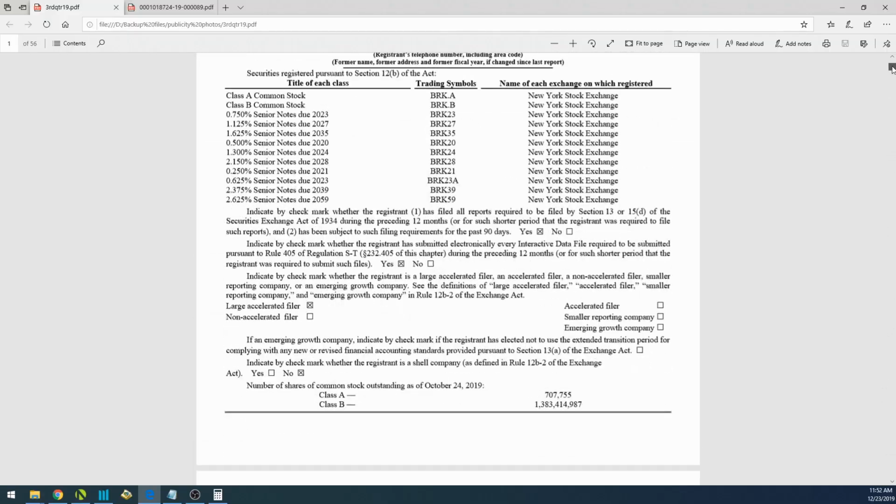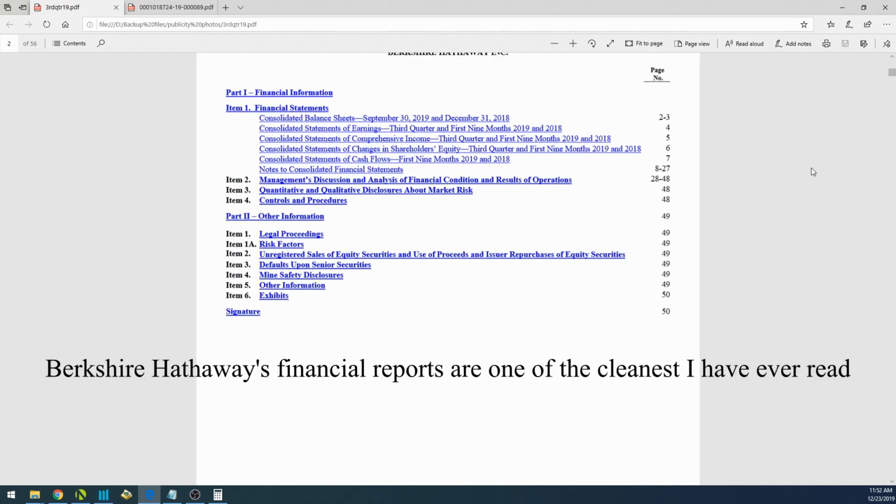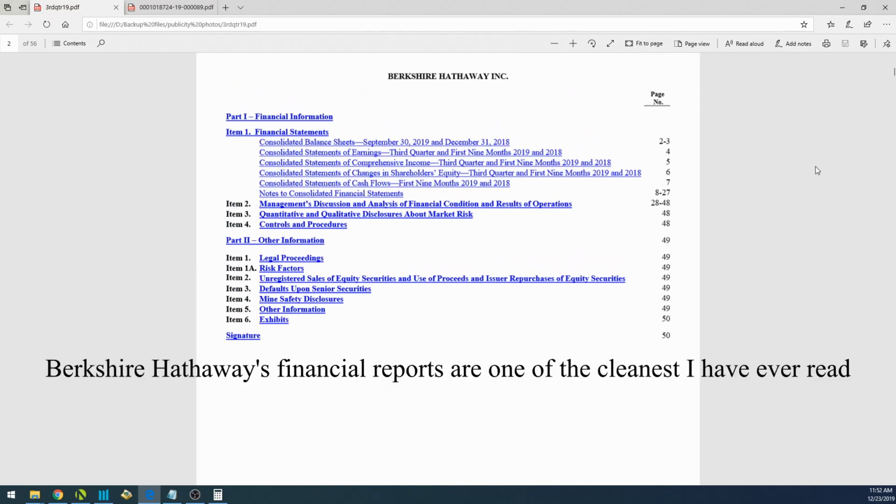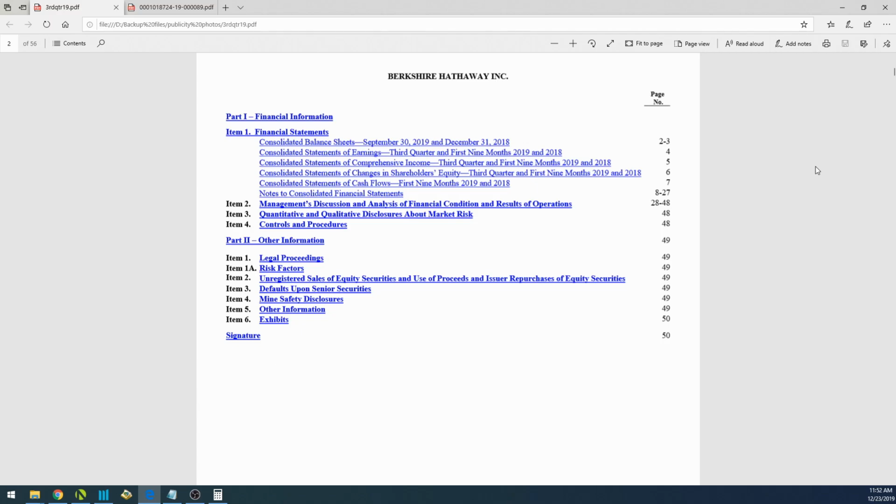But thankfully, Berkshire Hathaway is one of the companies that gives the cleanest reports, as Warren Buffett himself is a big advocate of value investing and of numbers, especially in reports, to make sure that reports are clean and easy to read. So this is one of the best corporate reports to read. I'll probably be doing some other videos on other companies' reports to show you the difference. First, let's get right to it.